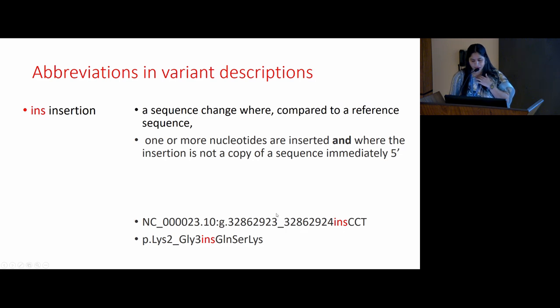That will come under duplication. So if it is the same and adjacent, it is duplication; if it is different, it is insertion. Even if it is the same but separated by even a single nucleotide, it will be insertion. For insertion, we use the term INS.